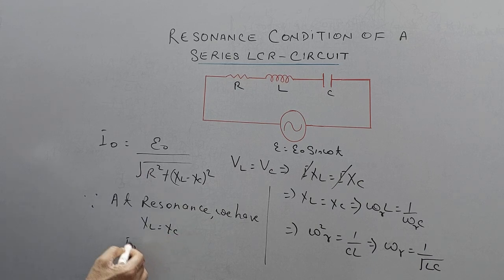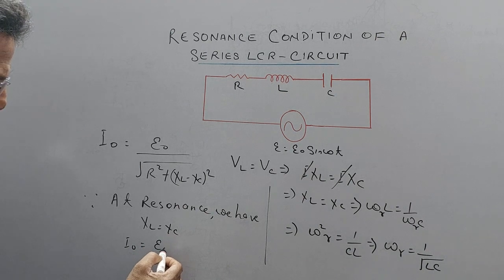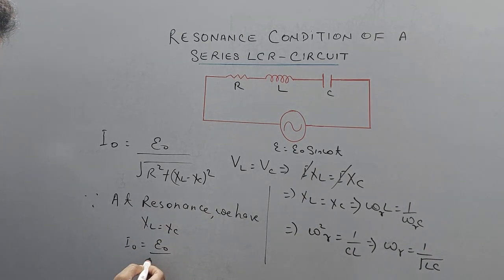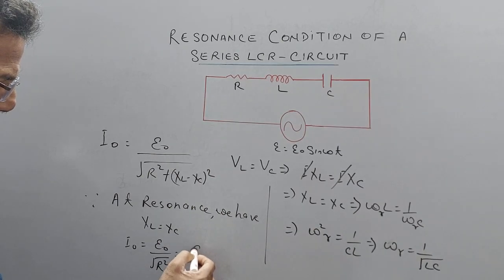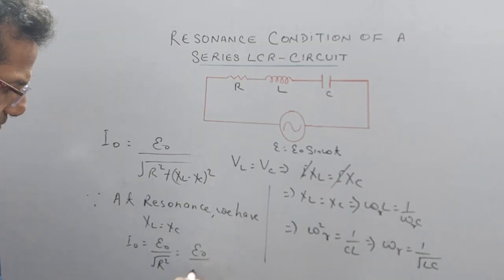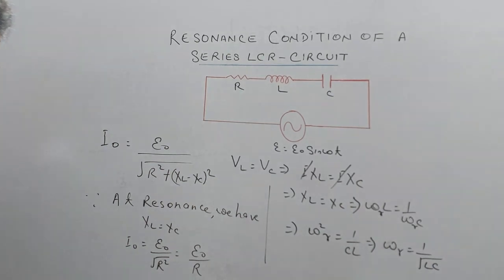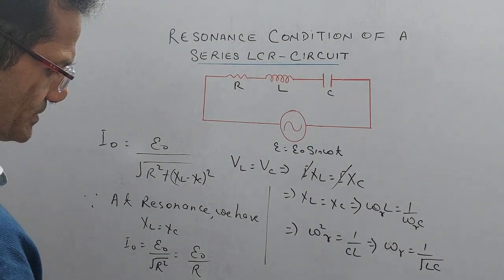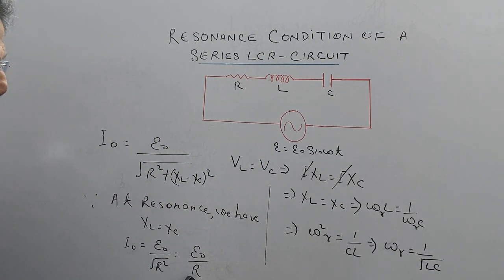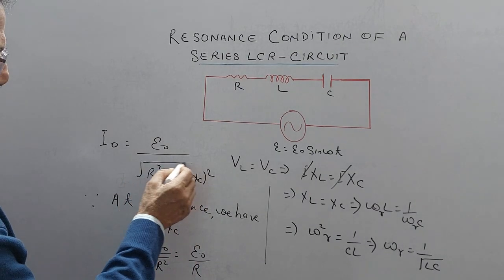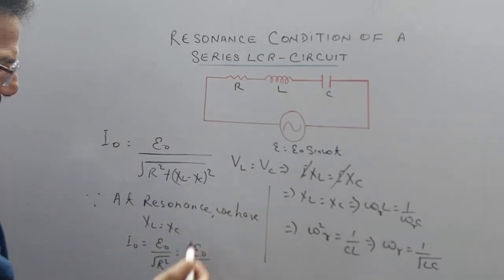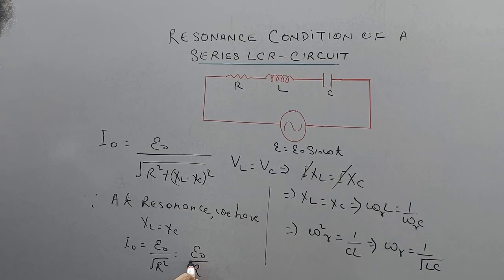Therefore the maximum current amplitude I naught is equal to E naught divided by the square root of R square, that is, E naught by R. Earlier the denominator was a very large value, but in this case the denominator becomes a very small value, just the ohmic resistance.